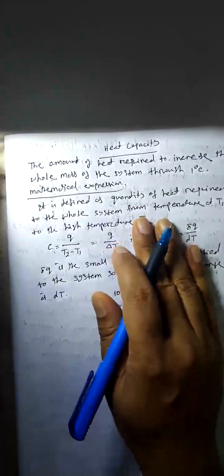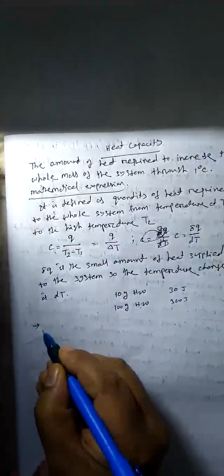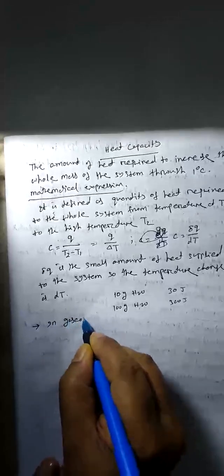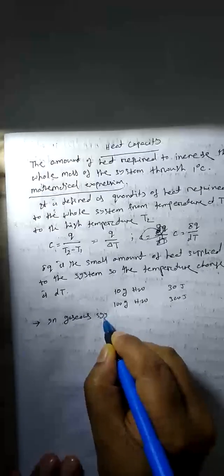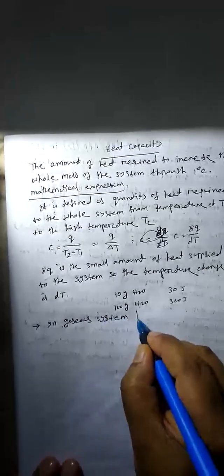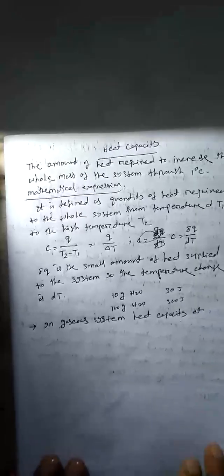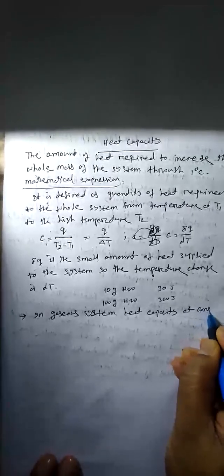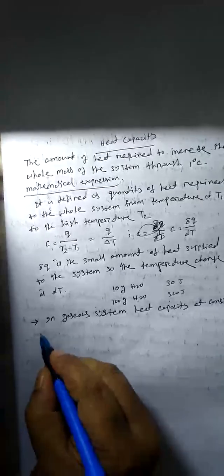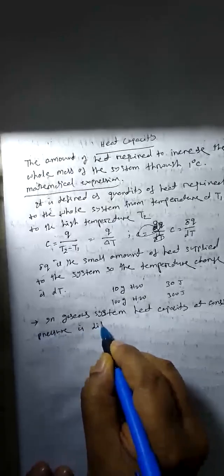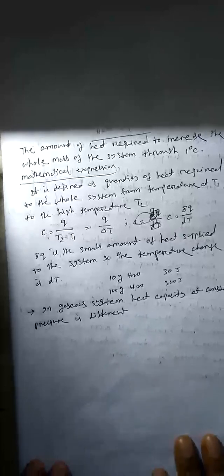From the heat capacity we also know that in a gaseous system, the heat capacity at constant pressure is different from that at constant volume.